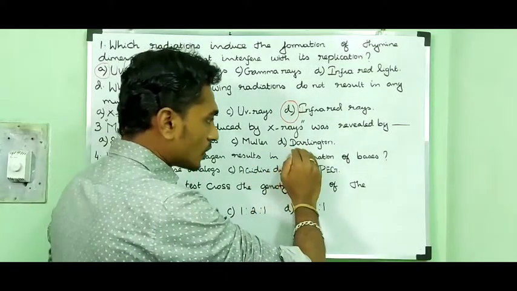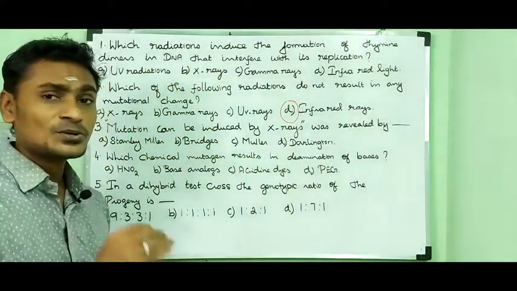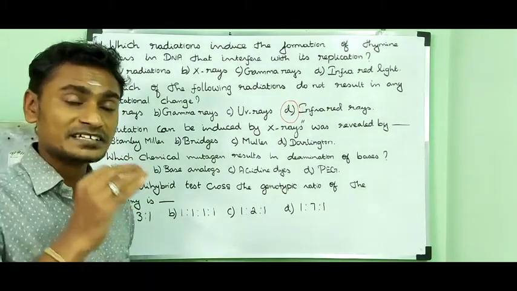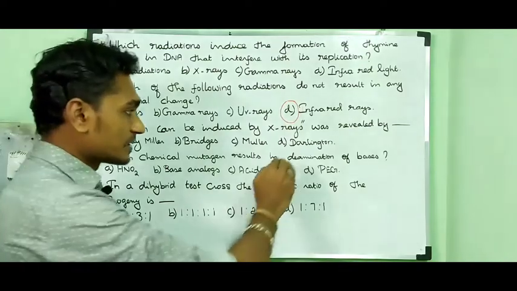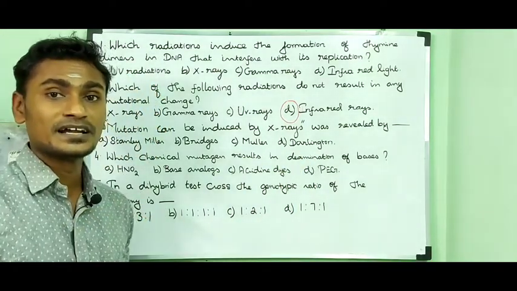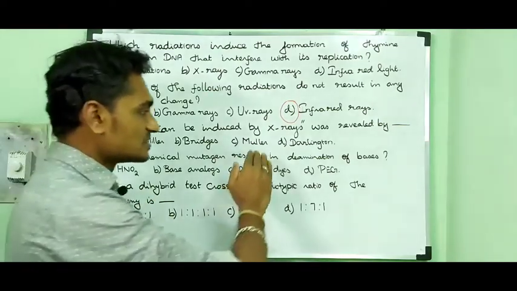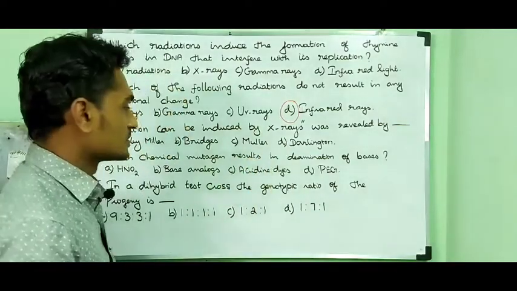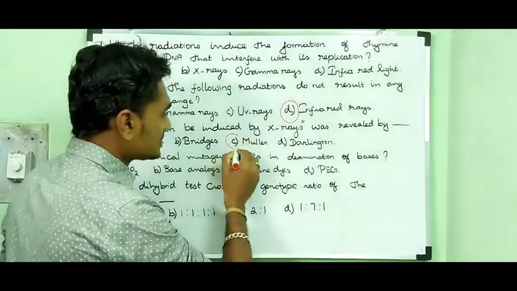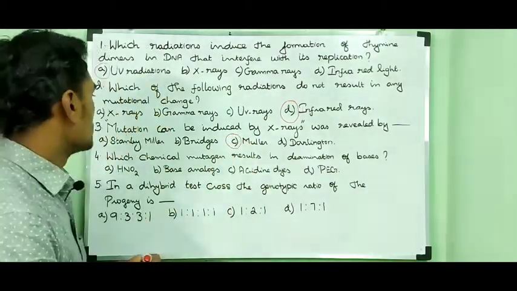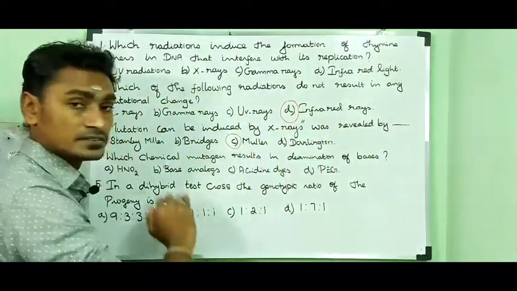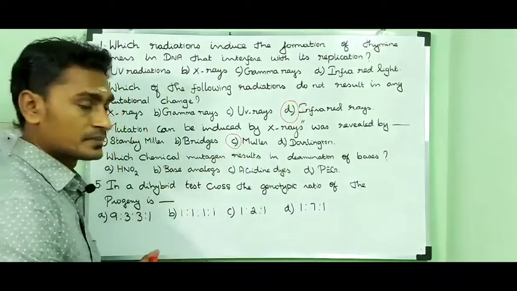Option D, Darlington, discovered the mechanics of crossing over and its inheritance. So option D is also wrong. The remaining option is C. Mutation can be induced by X-rays was revealed by the scientist Muller.